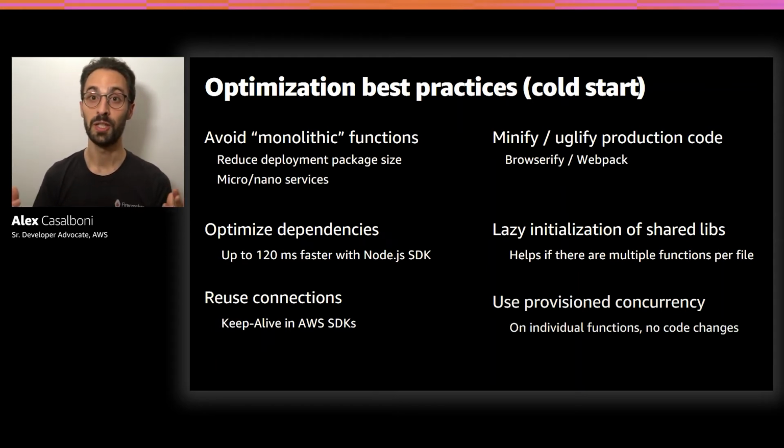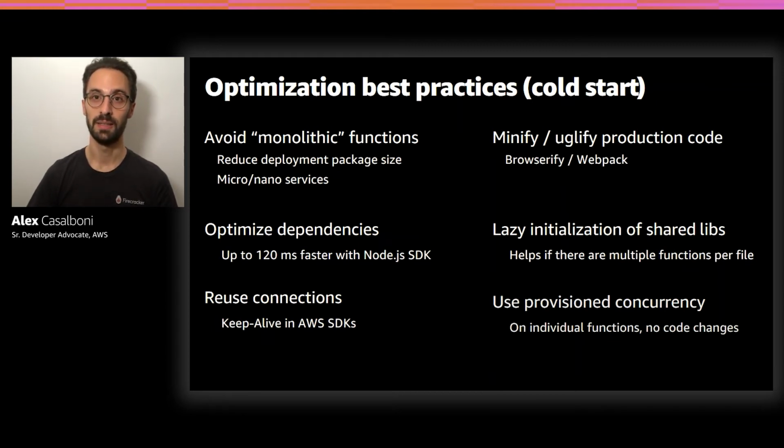The last thing, you can use provisioned concurrency. So this is a pretty straightforward way to get rid of cold starts in a managed fashion. So instead of using CloudWatch events to try to keep your functions warm manually, or instead of trying to guess how much concurrency you're going to need, you can configure provisioned concurrency with auto-scaling.